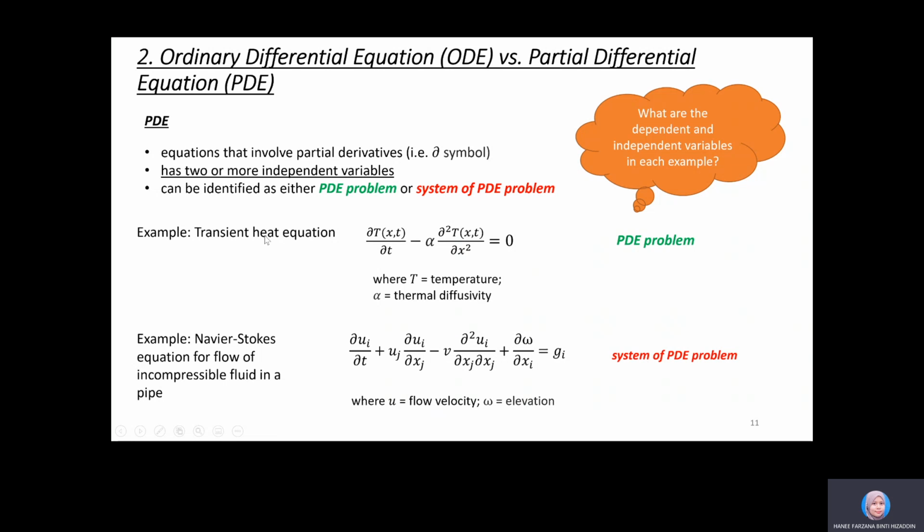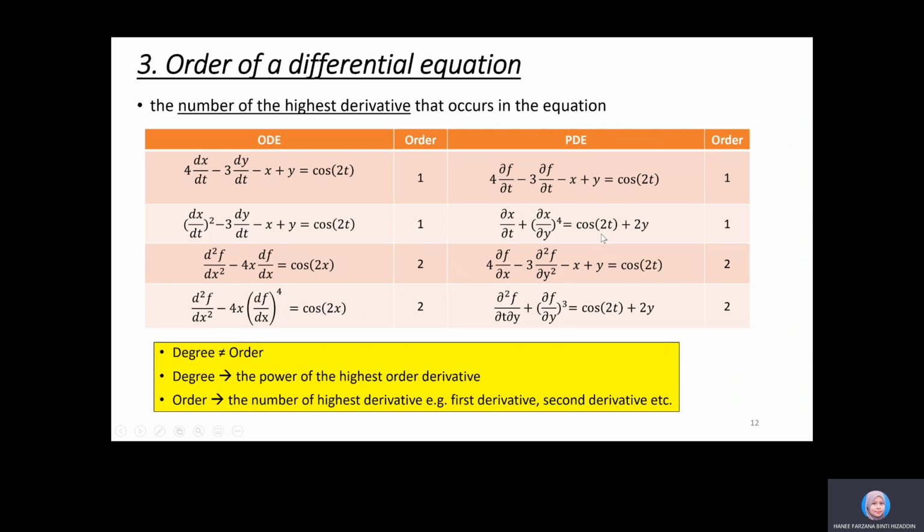So in PDE, you have two or more independent variables, and you have this partial derivative or curly d symbol. For each example here, think about what the dependent and independent variables are.